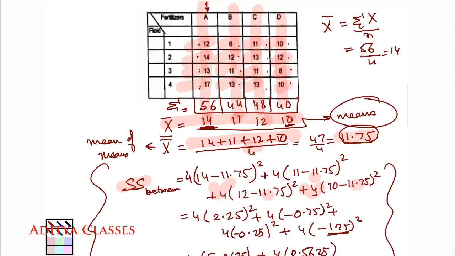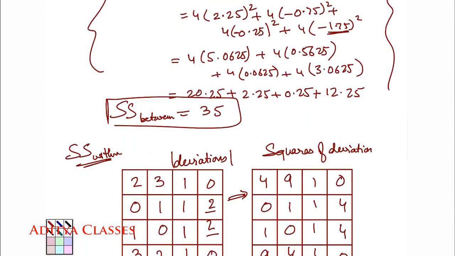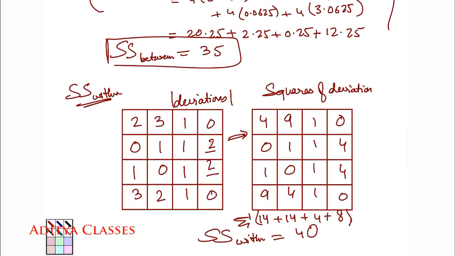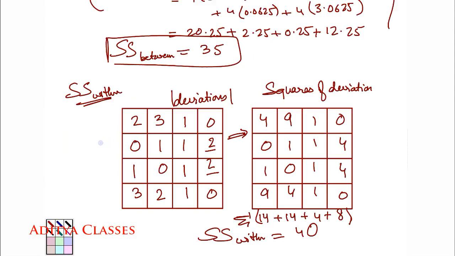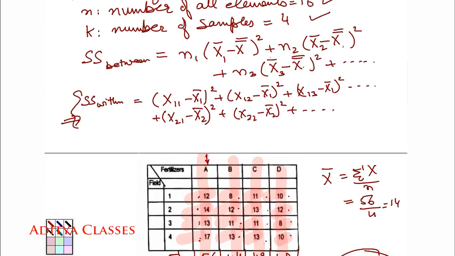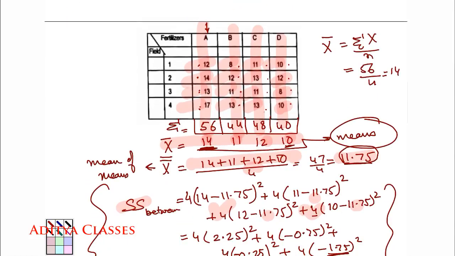Then what next we did? Once we were through with SS between, we went in for SS within. In SS within, we went ahead and found all the deviations. How did we find these deviations? We had mean values. Here we had mean values.